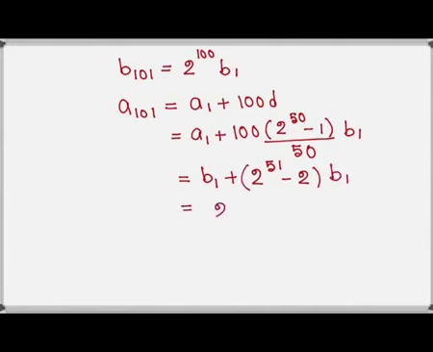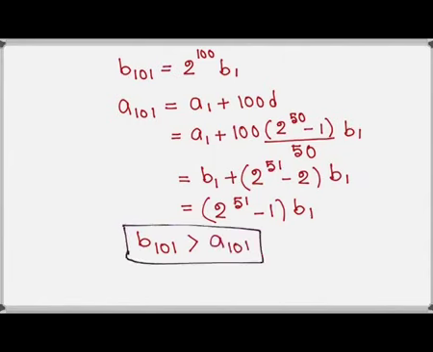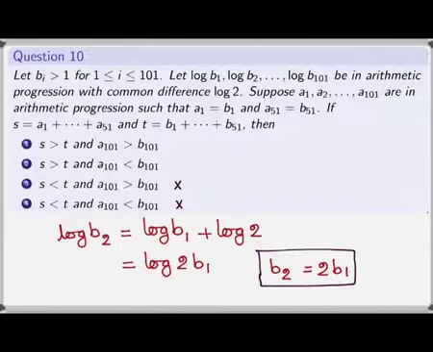So basically we are getting 2 to the power 51 minus 1 into B1. So clearly B101 is strictly bigger than A101. Therefore, the second option is correct and the first option is incorrect.